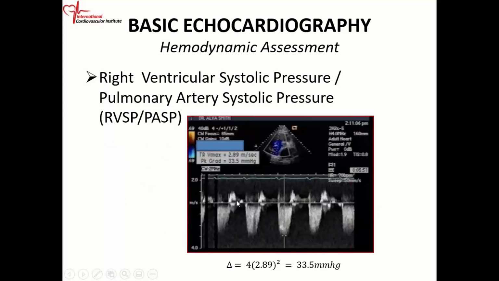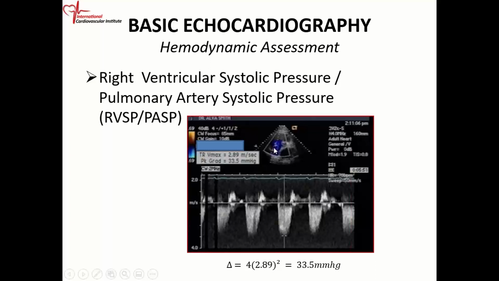But this is how we calculate it. This is short axis at the level of the aorta. Again, this is your transducer right there. This is the aorta. This is the RV, right ventricle. Your tricuspid valve is right there, and the right atrium is right there.